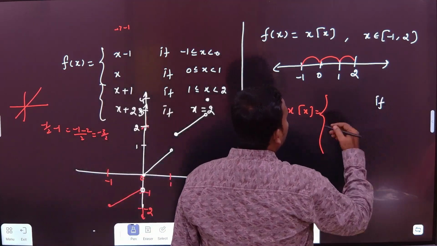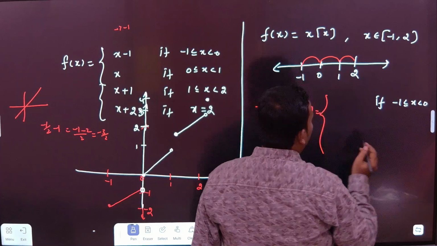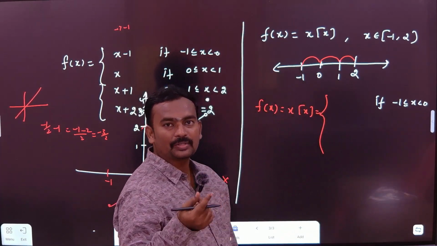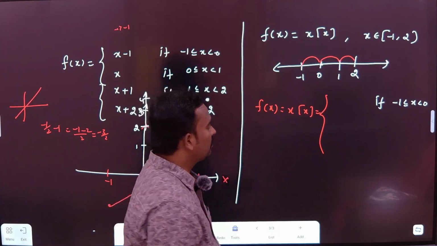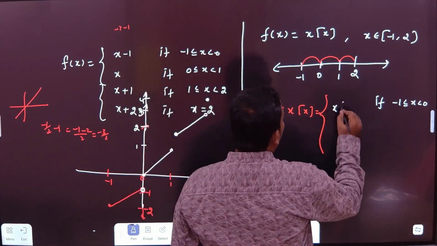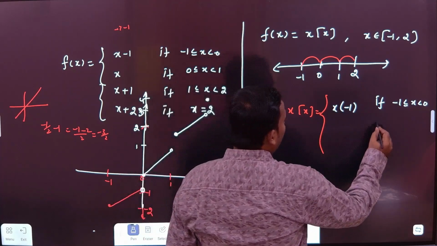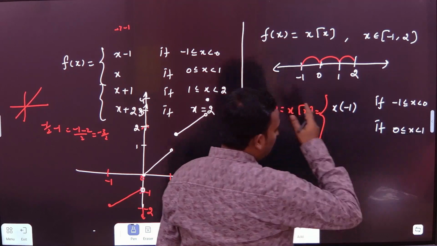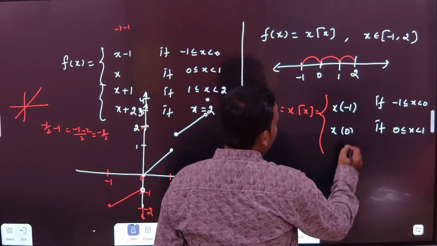If x is minus 1 to 0, in this interval, the greatest integer value is what? Let's take minus 0.5. So the greatest integer value is what? Minus 1, right? So x into minus 1. Clear? Okay. When x is 0 to 1, with 0 included, the greatest integer value is 0. So x into 0.